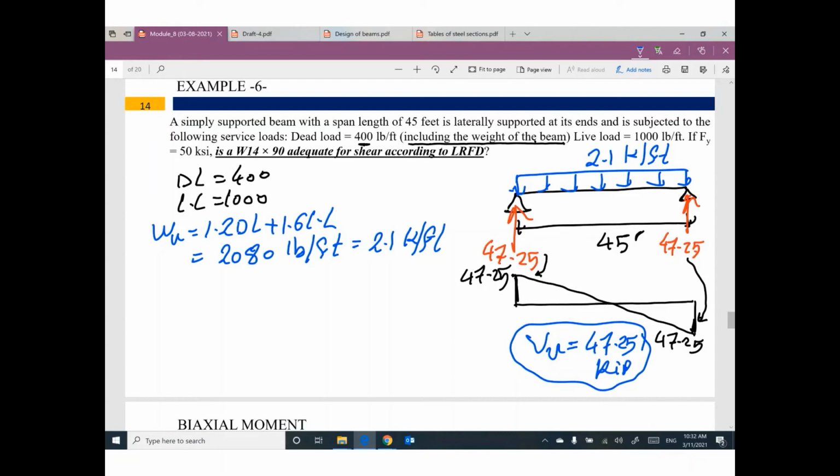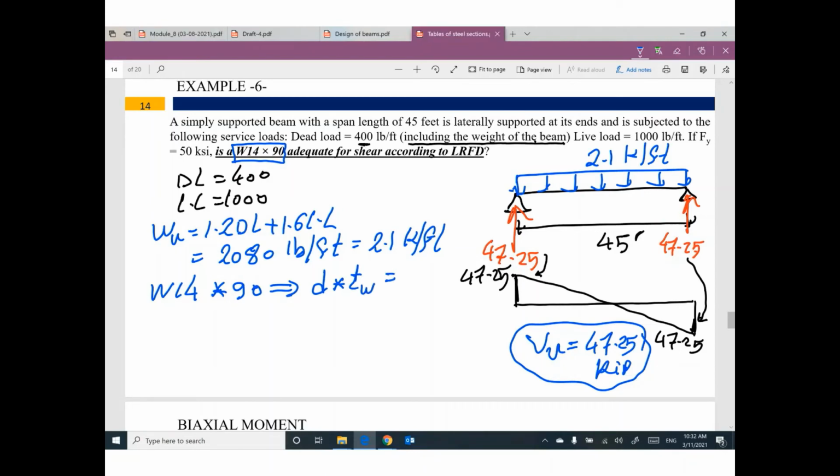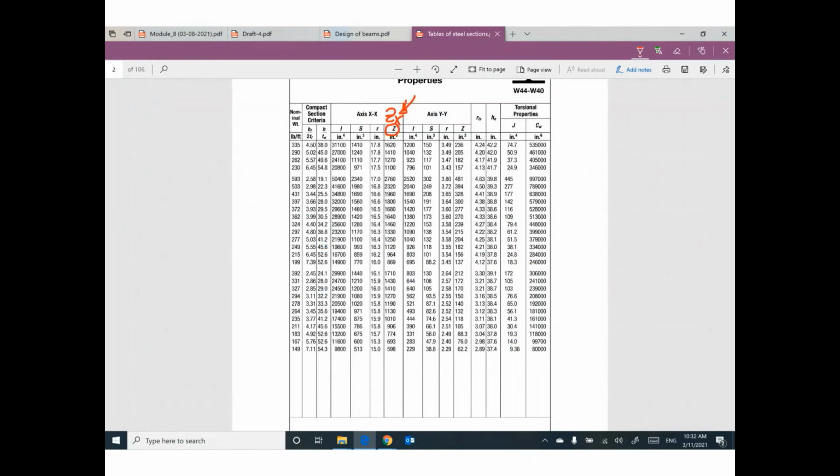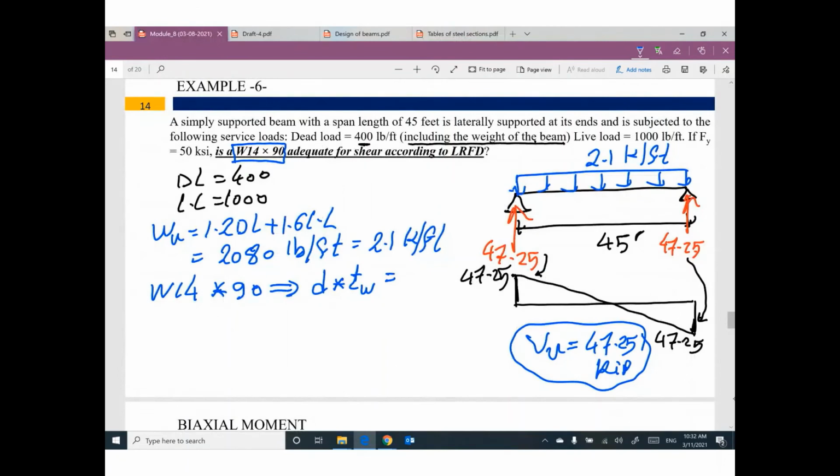Do you think if we are using this cross section, W14 times 90, it will be safe or not? What is the depth? What is the thickness of the web? I will open the tables for cross section W14 times 90.